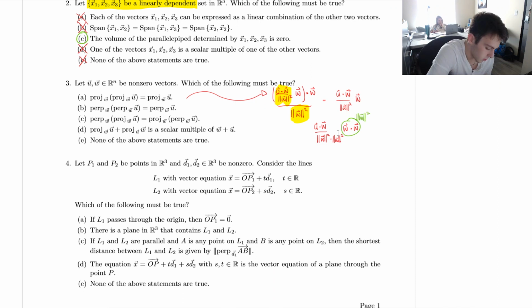That means that one of the terms in the denominators cancels out, and we have the same thing. We've got this projection up here, so we've got the left-hand side. We've shown that it's equal to the projection, which equals U dot W over the magnitude of W squared times W. So 3A is true.